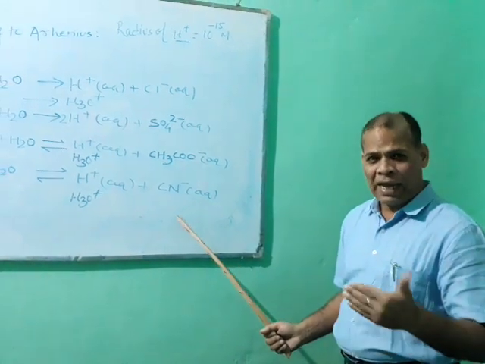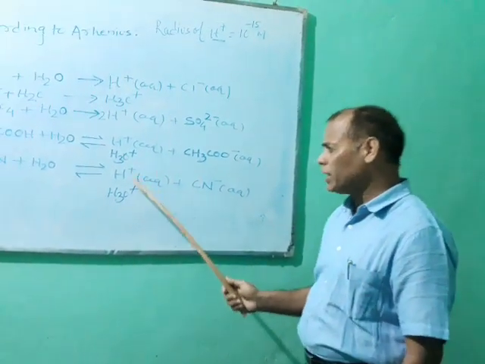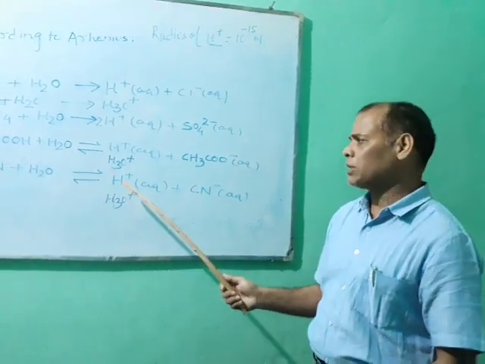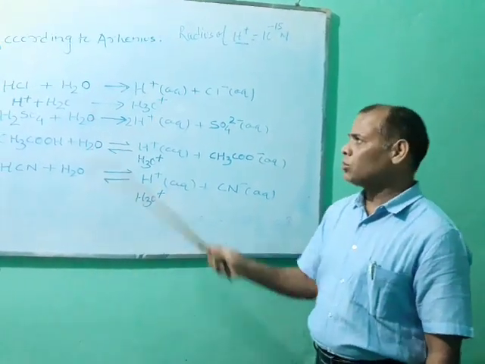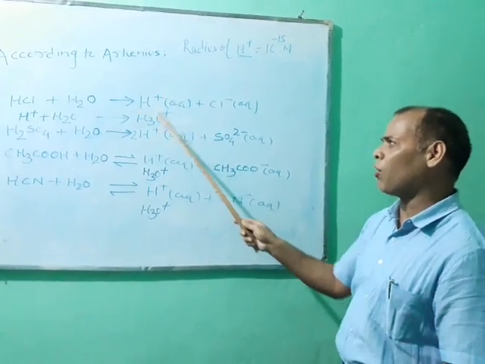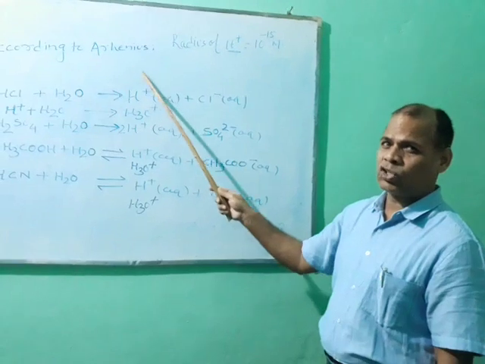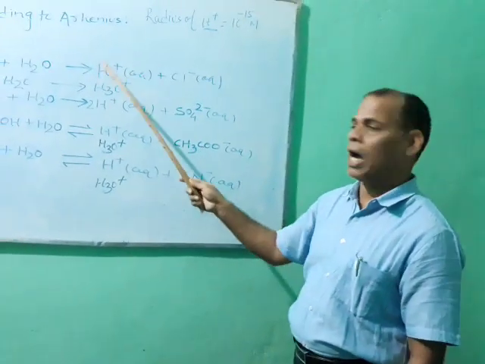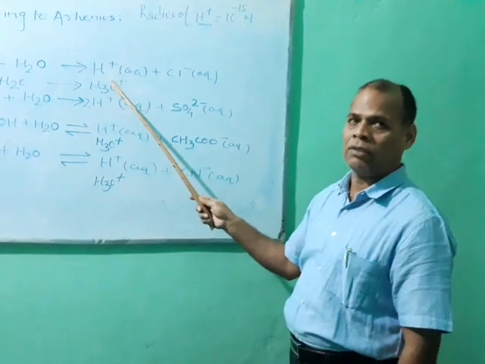So if the acid, when it is dissolved in water, dissociates partially, then it is called weak acid. Strong acid has a large number of hydrogen ions or hydronium ions.